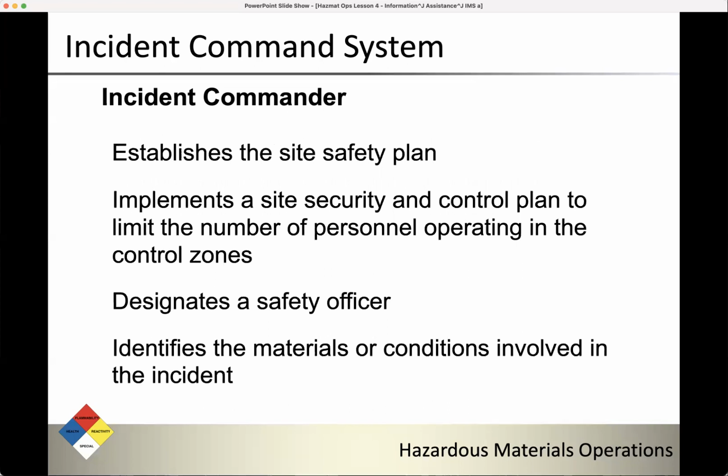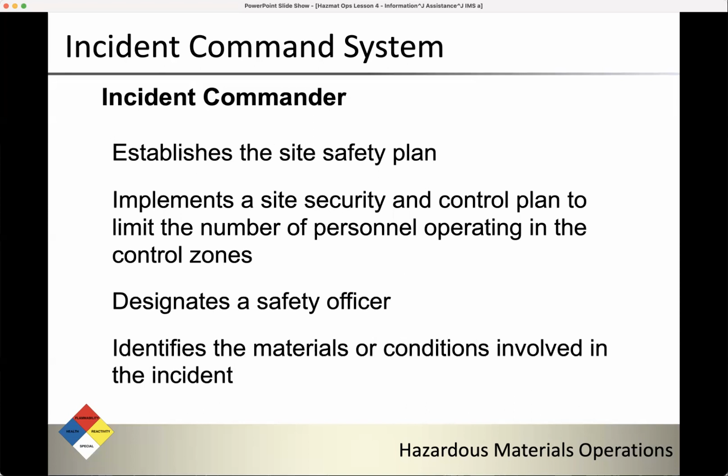Some of the responsibilities of the incident commander: they establish the site safety plan. They implement site security and control plan to limit the number of personnel operating in the control zones. They designate a safety officer. They make sure that the materials and conditions involved in the incident are identified.